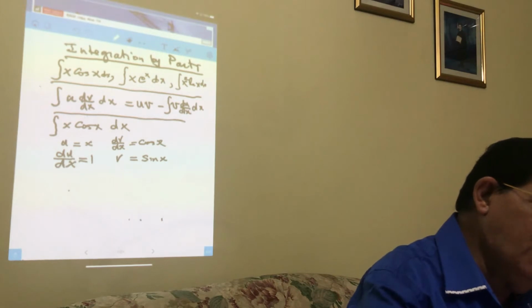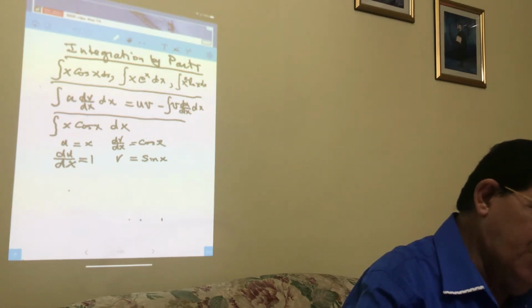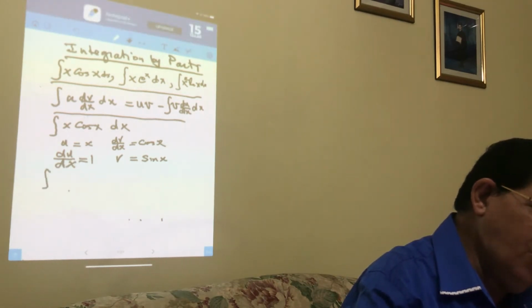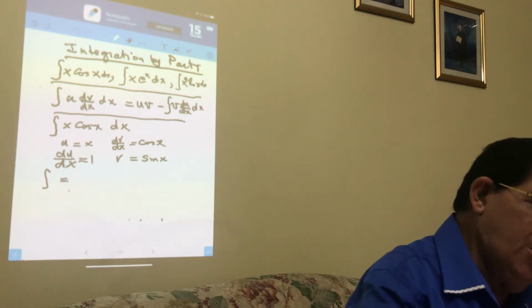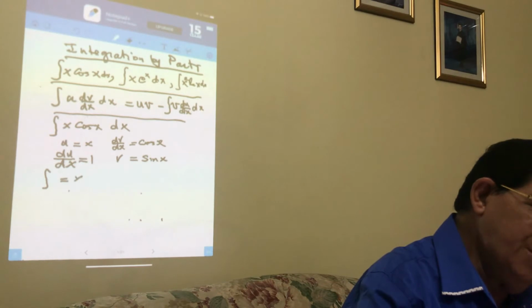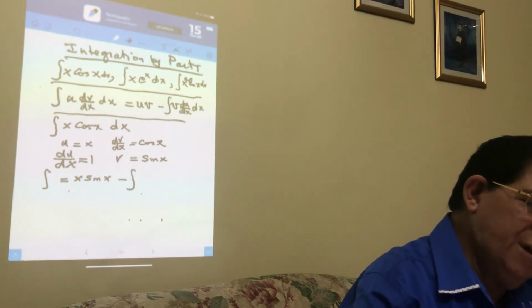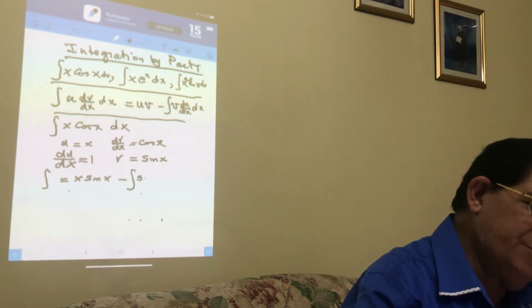Then we apply the rule above, and the integration equals uv, u is x, v is sine x, minus the integration of v, which is sine x, times du by dx, which is 1, dx.